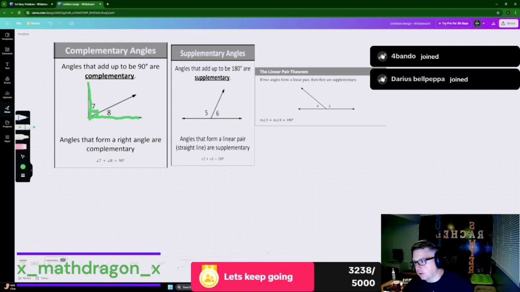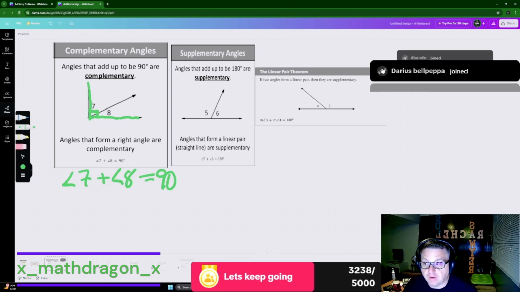What my class will be doing is: complementary, 90 degrees; supplementary, 180; complementary, 90 degrees; supplementary, 180. Continue that mantra in your head so that you get it down, so that you know two angles that are complementary, when put together, are 90 degrees. Whether you have the picture or not, they could just say angle 7 and angle 8 are complementary. Boom. They're equal to 90 degrees when I add them together.